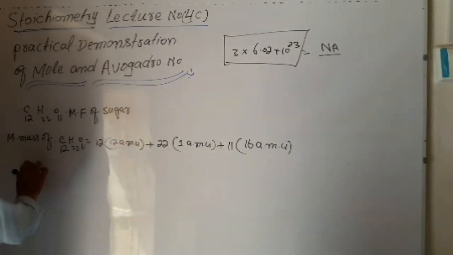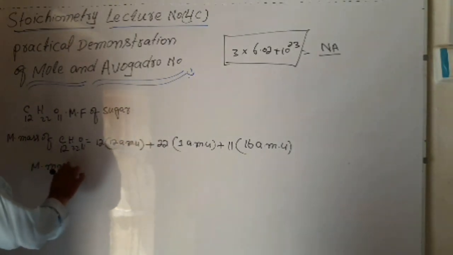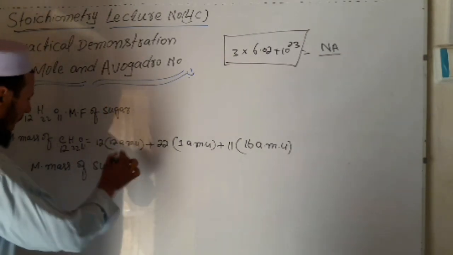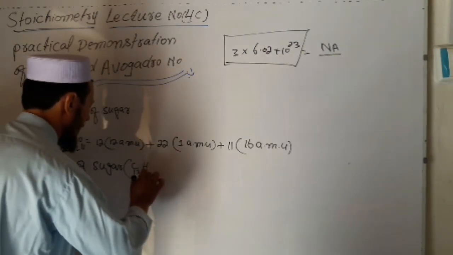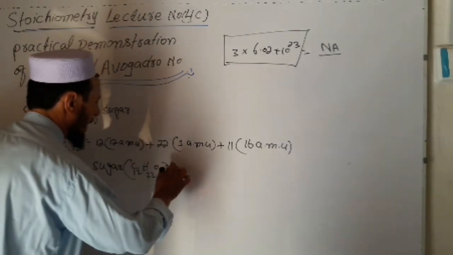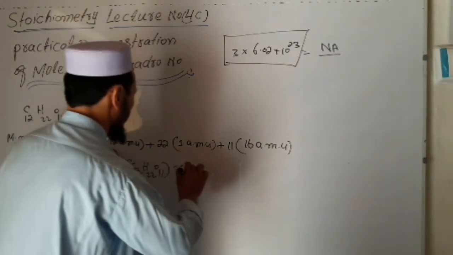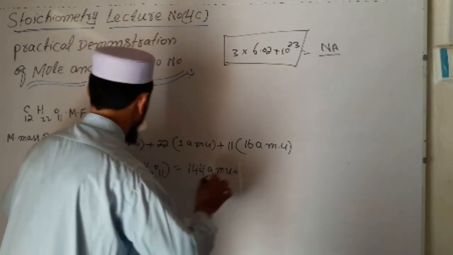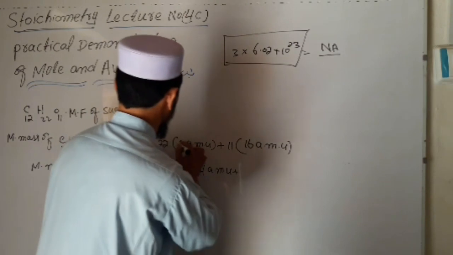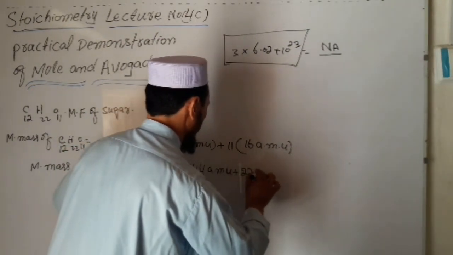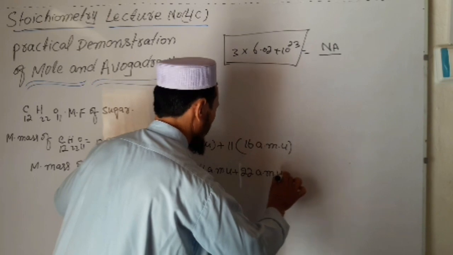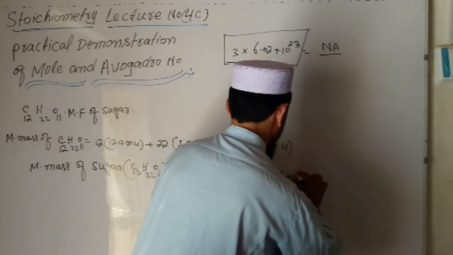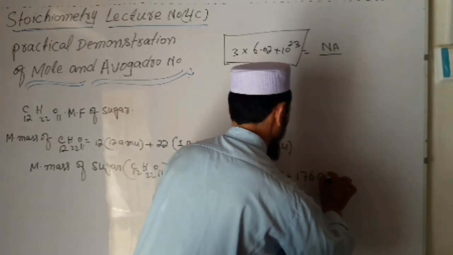Thus, dear students, we will get the molecular mass of sugar having formula C12H22O11 is equal to 12 multiplied by 12 is equal to 144 AMU, plus 22 multiplied by 1 is equal to 22 AMU, plus 11 multiplied by 16 is equal to 176 AMU.